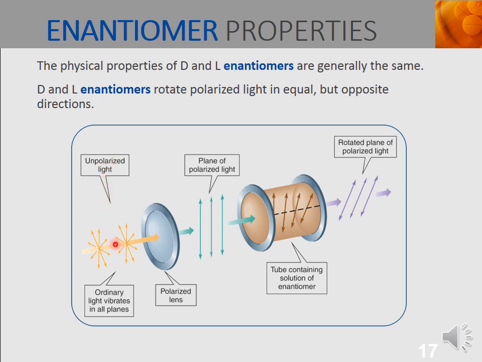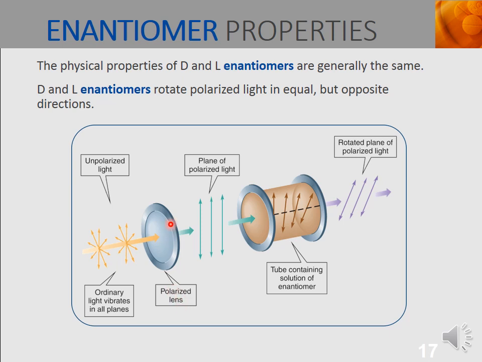Then enantiomer properties can be easily determined through a polarimeter. The difference between the enantiomers can only be known through a polarimeter. Physical properties like melting point, boiling point, and density are all the same.